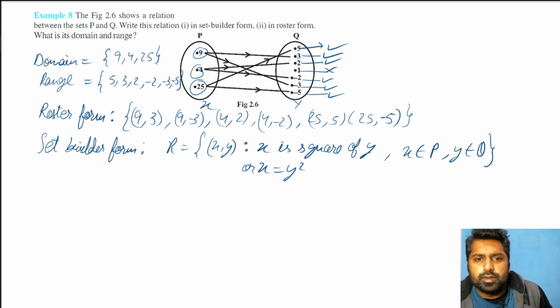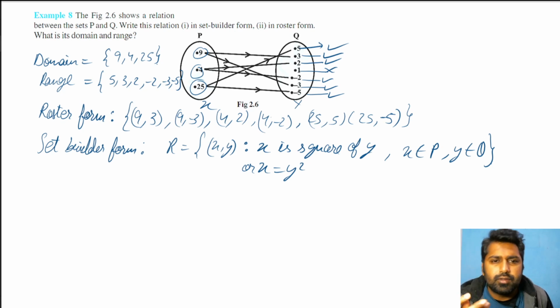So I hope the idea of domain and range should be pretty clear, because usually the question will be around that part. And my suggestion to solve any kind of question for domain and range, whether the question gives you a diagram or not, is to create this arrow diagram, because that will simplify it much more easily.